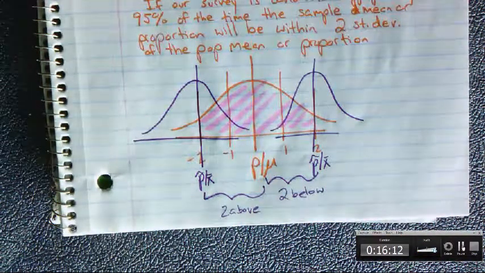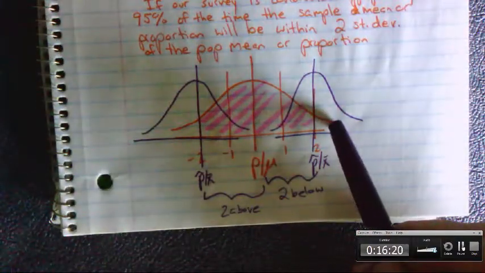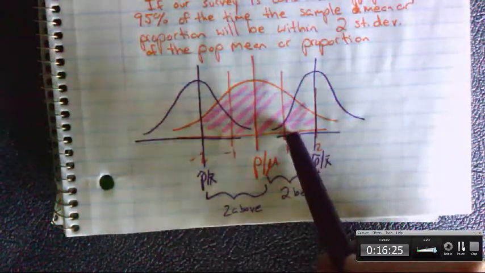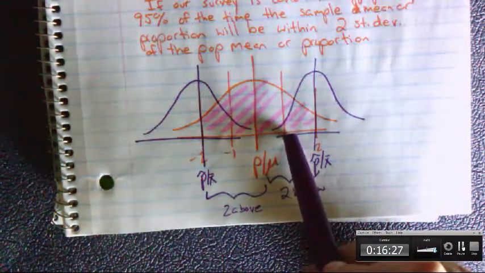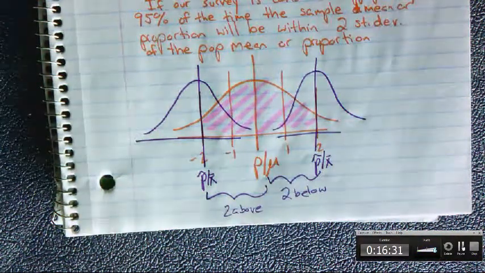So if it was to be outside of it, then it still would be too low. Well, if you had a sample that was outside the 2, then that means our sample was abnormal. So if our sample is abnormal, then that means the population is more than 2 standard deviations away from it.